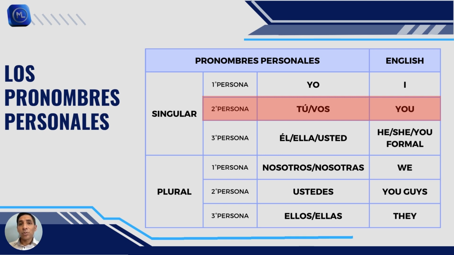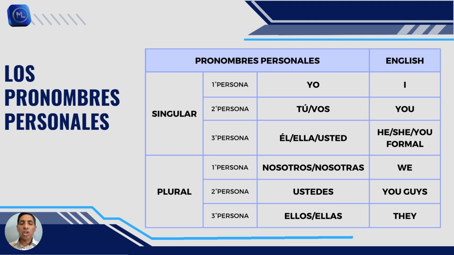We use tú and vos when we're addressing you informally, when we know you, when we have some trust in you. So nowadays, mostly people prefer to be addressed as tú or vos, but there are some areas, some countries, or some areas within a country that they still prefer to be addressed as usted to be shown respect.